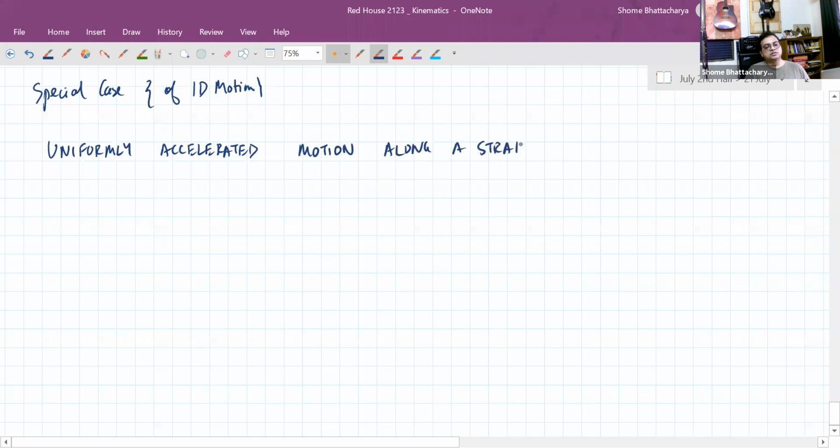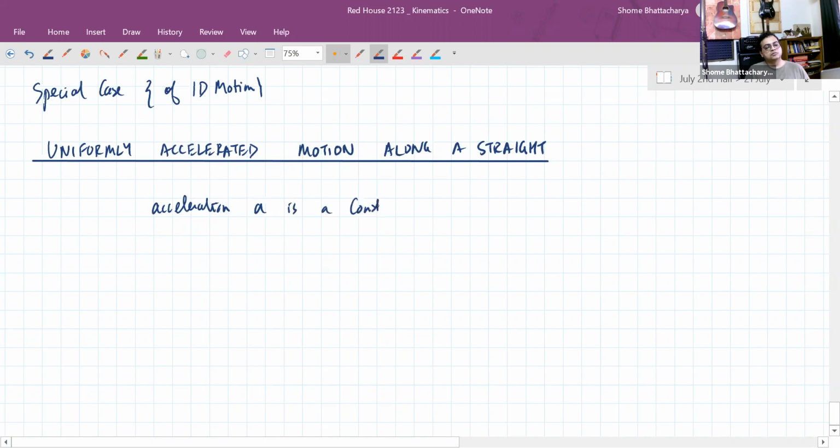So not only is it one dimensional, but it's one dimensional in such a way that the acceleration is uniform. So the rate of change of velocity is uniform. That is what the statement implies. So that means the rate of change of velocity, A, is a constant.